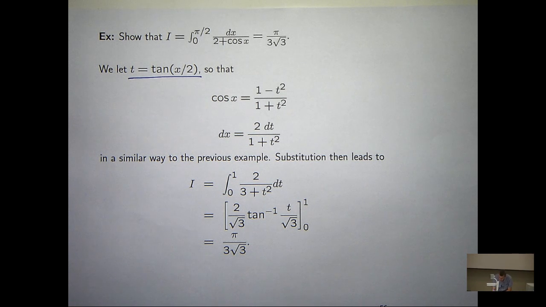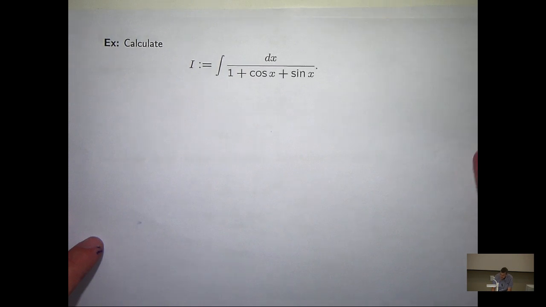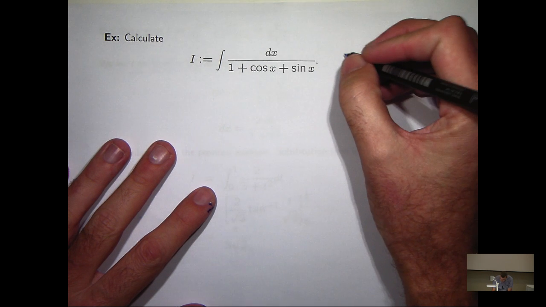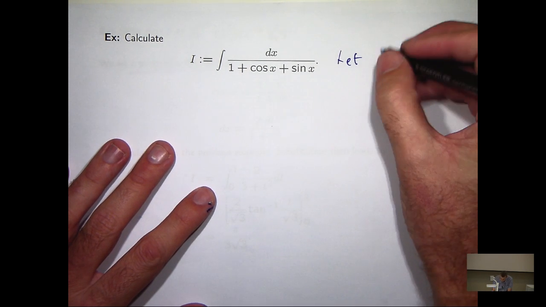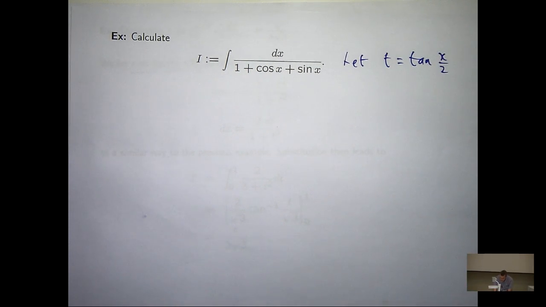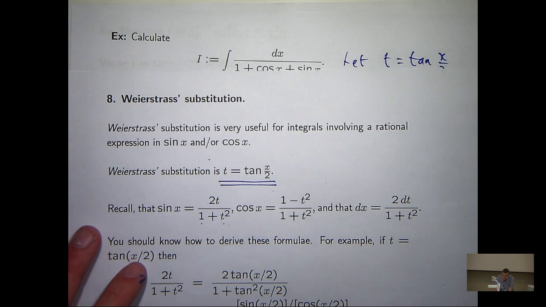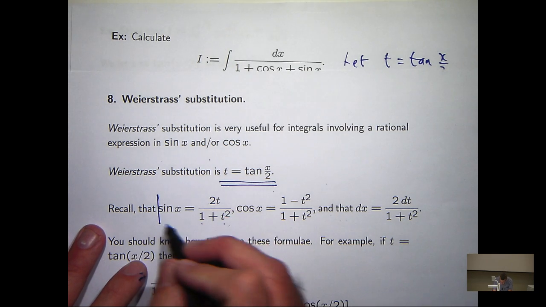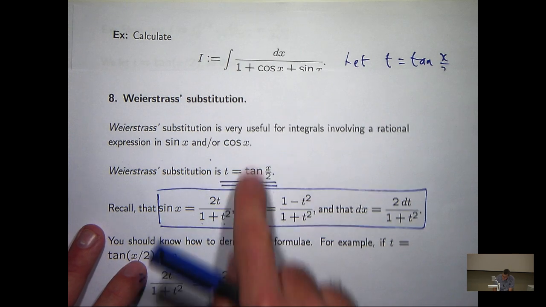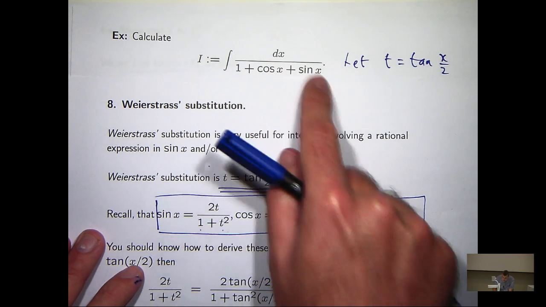All right, so let's do this problem here. We're going to let t equal tan x on 2. So using these expressions here, we're just going to substitute in for dx, cos x, and sin x.